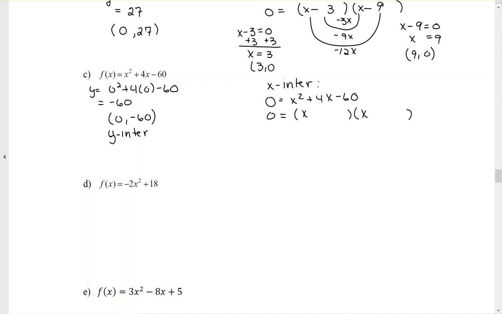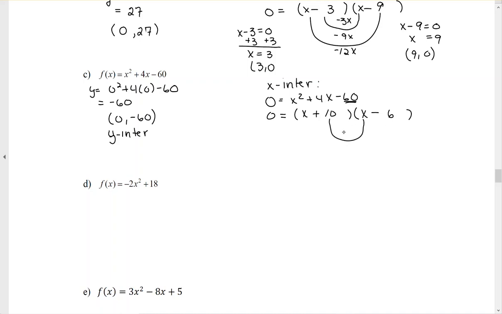x times x. The last number now is negative 60, which means the signs have to be opposites. And then you think about what two numbers multiply to 60. You've got a couple of combinations, but keep in mind it also has to add to positive 4. So if I do a positive 10 times negative 6, that'll multiply to negative 60.